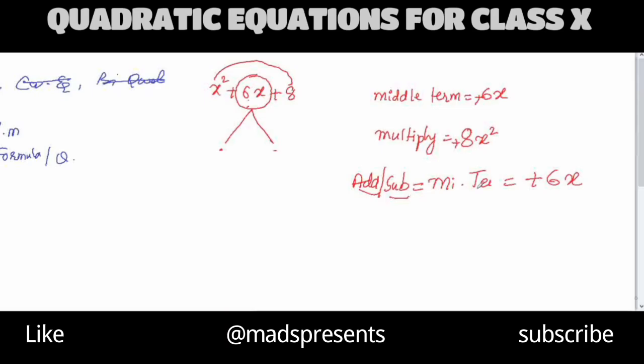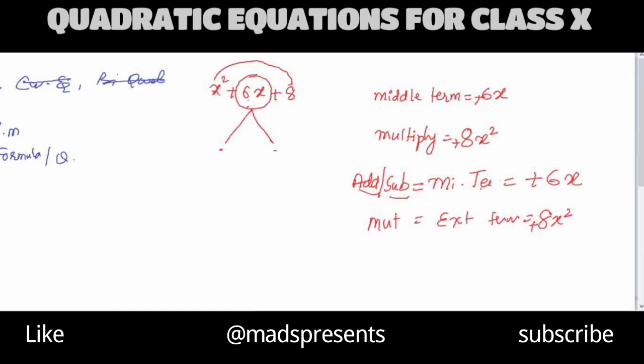But if you split the same numbers and multiply them, you must get the extreme term, that is x square into 8, which is 8x square. Try to understand here.